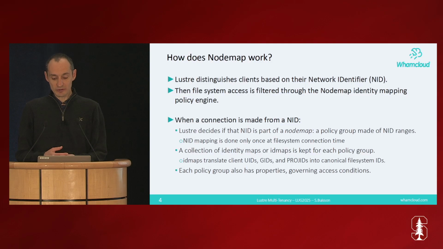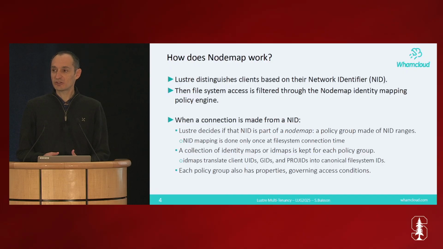connects to the servers, so it means when the client mounts Lustre, the servers decide if this client is part of a node-map, which means a policy group made of one or more NID ranges. So this decision on which node-map, which client is part of which node-map, is made only once when the client initially mounts.